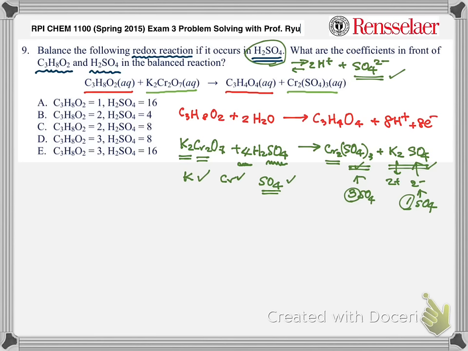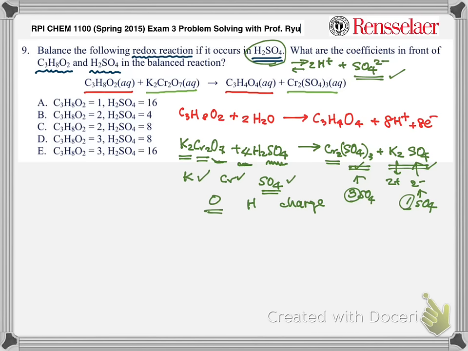So this is done. So now going back to basics: oxygen, hydrogen, and the charge. This is what is left to do. So let's look at the oxygen. How many oxygen do we have now, given that SO4 is bundled up as a package? So we have 7 oxygen here.